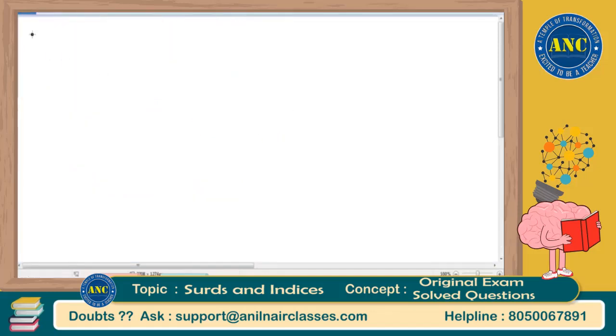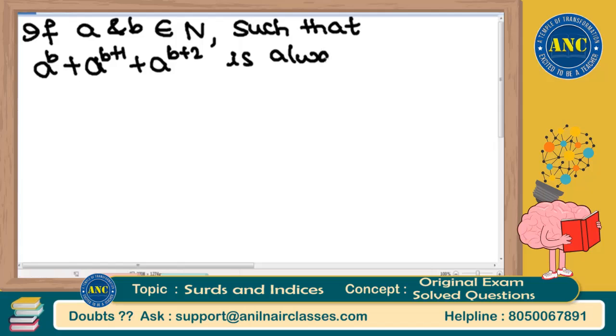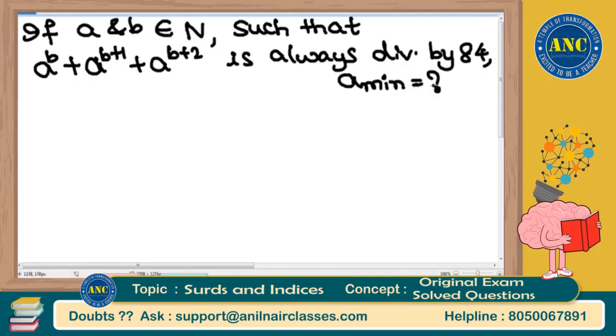Listen carefully. Your question is, if A and B are natural numbers such that A power B plus A power B plus 1 plus A power B plus 2 is always divisible by 84, then find the minimum possible value of A. What is the minimum possible value of A?